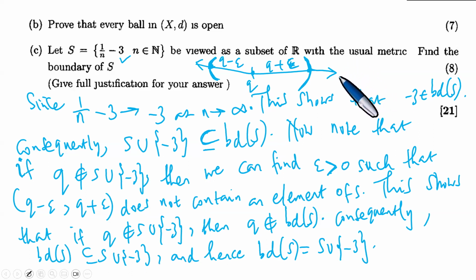We did that in 2613. That P implies Q is logically equivalent to not Q implies not P.